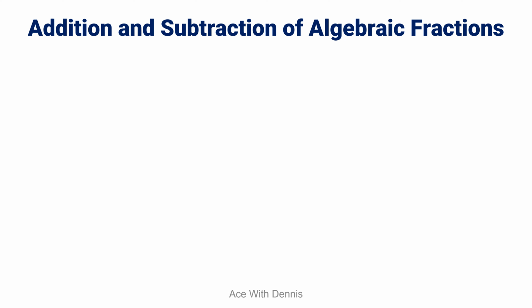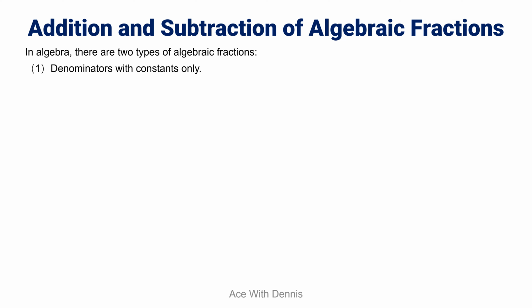Alright, when it comes to algebra, we apply a similar concept. In algebra, there are two types of algebraic fractions. The first one is denominators with constants only. Here's a simple example: x plus 5 over 3 plus 2x minus 9 over 7. The LCM of 3 and 7 is 21.